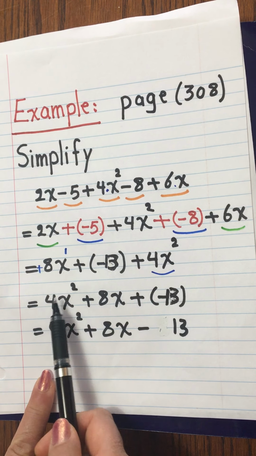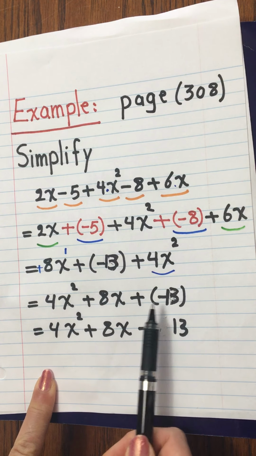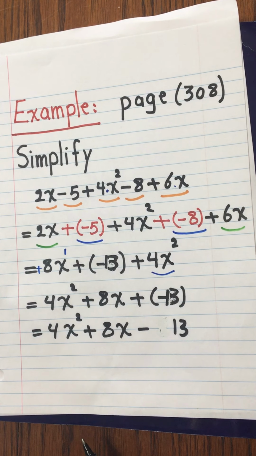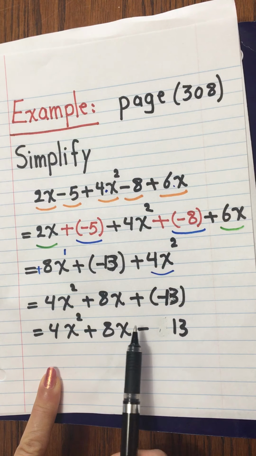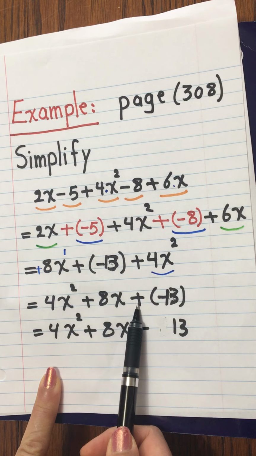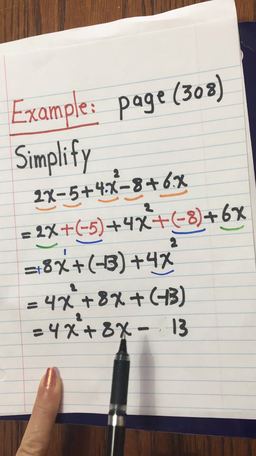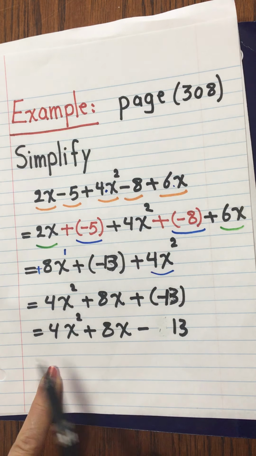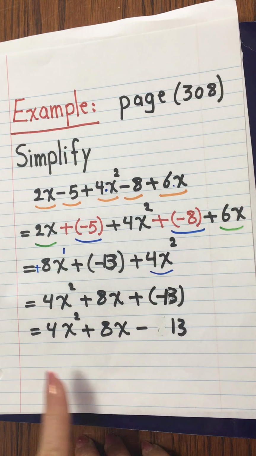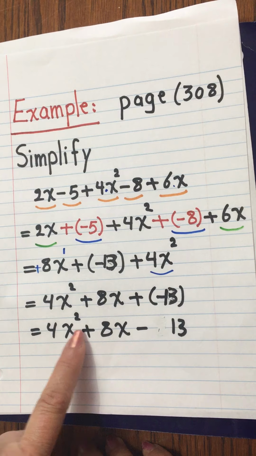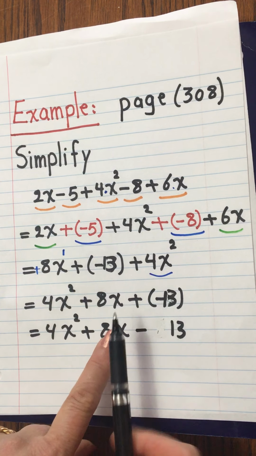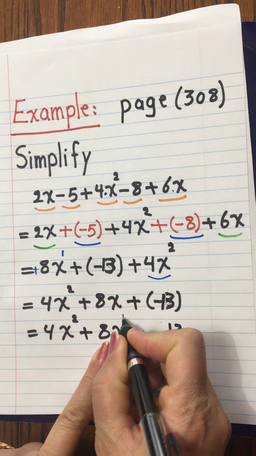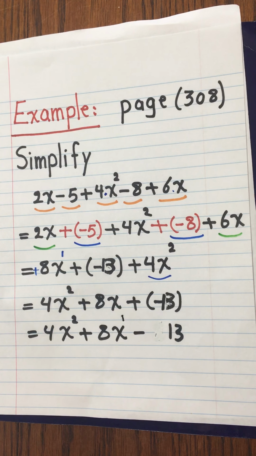So now I'm going to have 4x squared plus 8x plus minus 13. So 4x squared plus 8x minus, because positive times negative is negative, so minus 13. So the expression, I write it down in order from the highest power, x squared, then x to the power 1, and then the number.